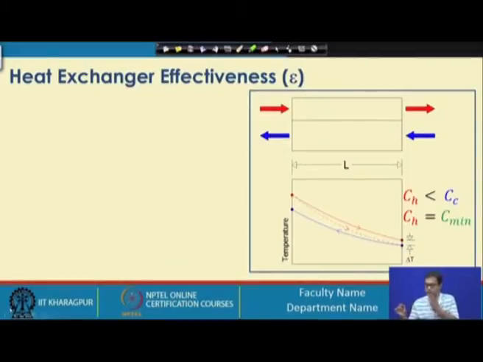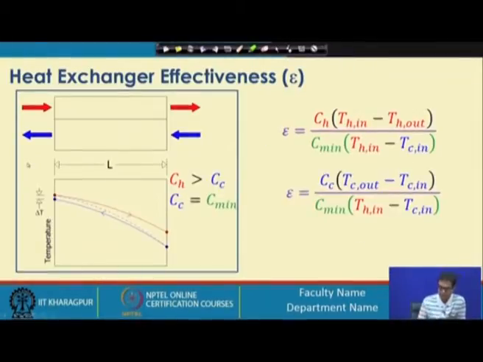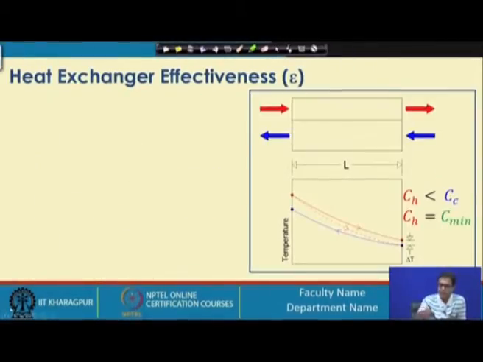Say in this case, what is the minimum capacity fluid? C H is the minimum capacity fluid. So, if we have to find the effectiveness of this heat exchanger, how can we find it? We can write epsilon equals the actual heat that is getting transferred. What is that actual heat?